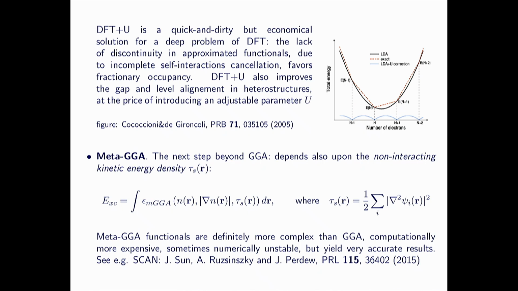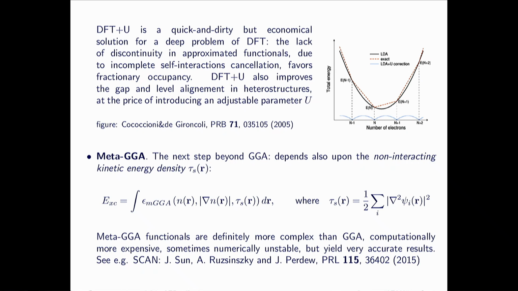It's definitely more complex to use than GGA, much more complex, because when you compute the functional derivative of the exchange correlation energy, you have a term coming from here that changes your Hamiltonian. So it's not simply V of r, a potential.